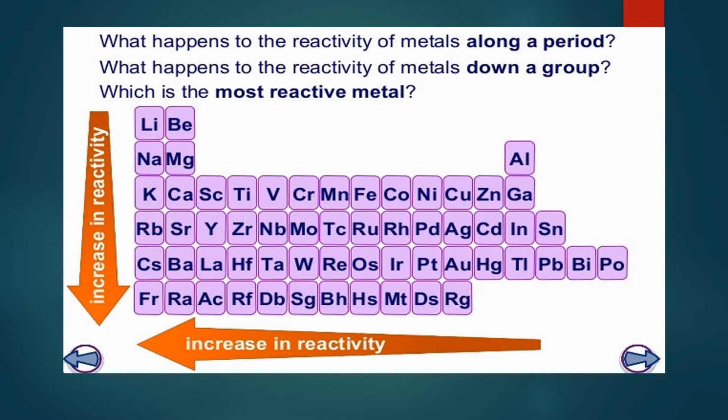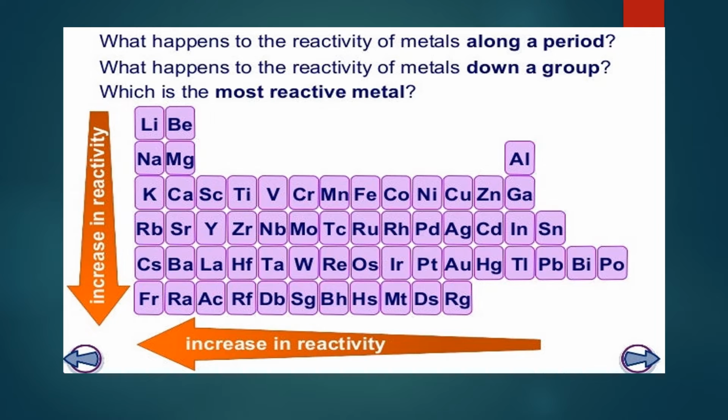These elements actually react greater than the elements on the right side, for example aluminum, zinc, gallium, and so on. These elements have lesser reactivity than the elements on the left side. To make it an easy reference, look at the arrow indicating the reactivity in terms of periods.